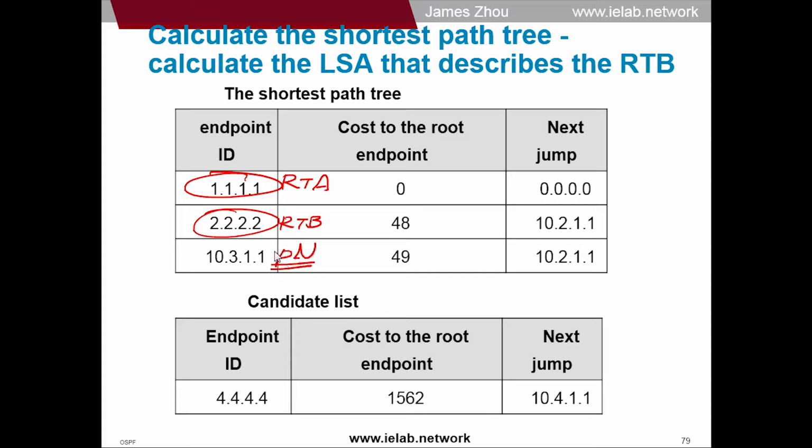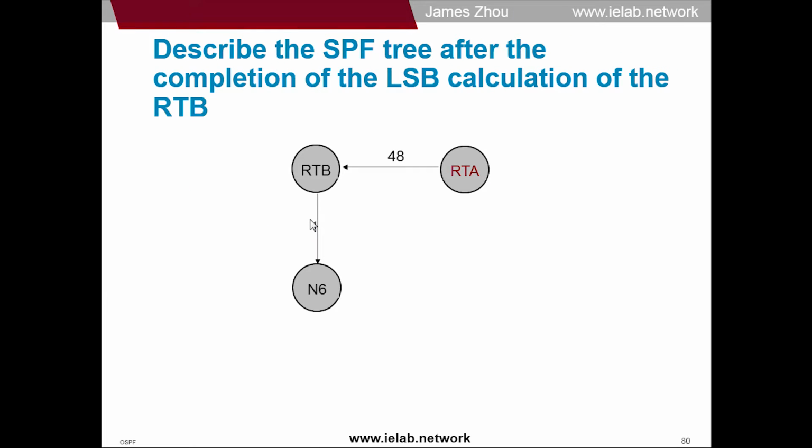Now check the pseudonode LSA. The pseudonode LSA is actually LSA2, right? RTB pointing to the pseudonode has a cost of 1.